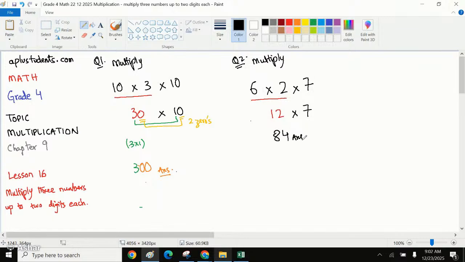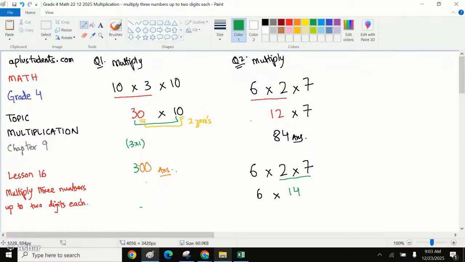This is our answer. But if we want to see how to do the same question a little differently, we can multiply these two numbers together also. That means 6 is multiplied by 14.